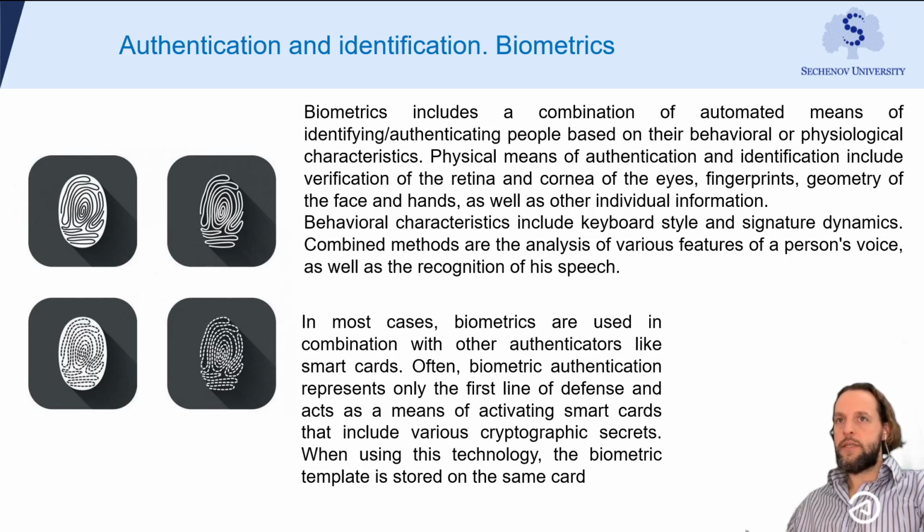It could be fingerprints, geometry of face and hand, and retina and cornea of the eyes, for example. And I guess it's quite familiar for us right now that our mobile phones are using fingerprints or face recognition to authorize access.